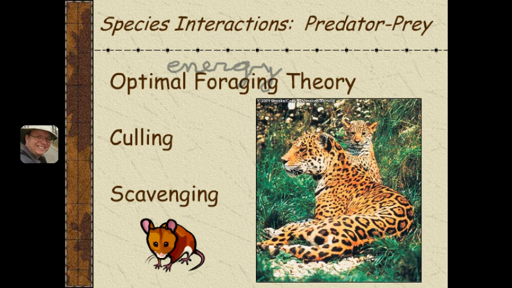But think about this. In order for the predator to acquire the energy that's in the prey, what is that predator going to have to do? It's going to have to expend energy. And so we have this idea of it takes energy to get energy. In a predator-prey relationship, it takes energy to get energy.